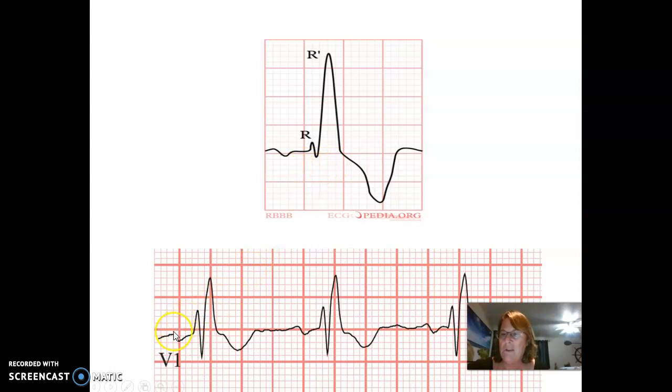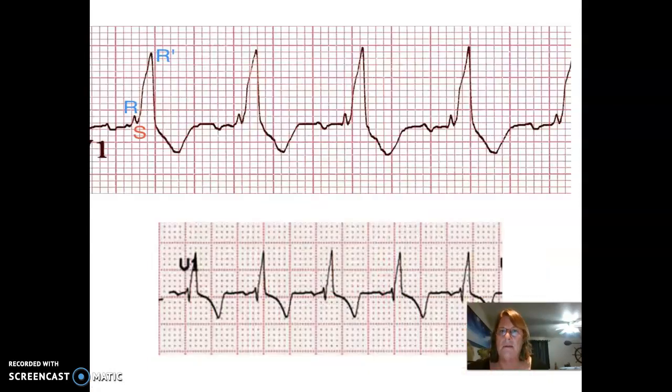So we have to be in V1. If we're in a lead 2, all you can tell me is you have a bundle branch block. If you want to tell me whether it's a right or a left bundle, we have to know that we're in a V1 or MCL1 lead. So here, P wave, I come up for my R, come down for my S, come back up for the R prime, have secondary ST changes, so that would be a right bundle branch block.